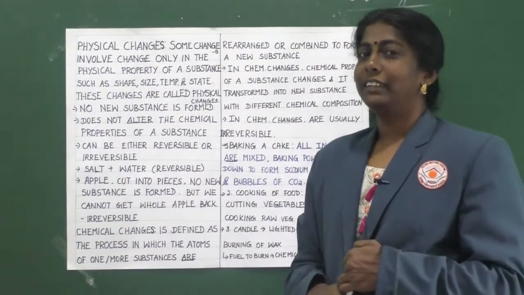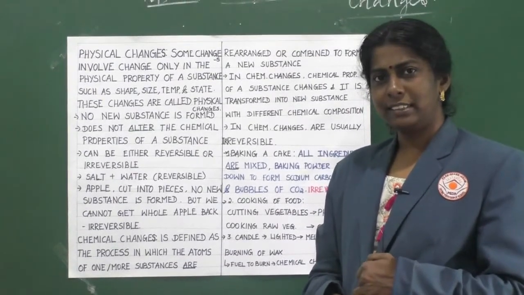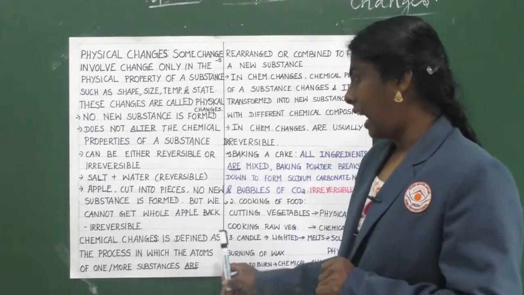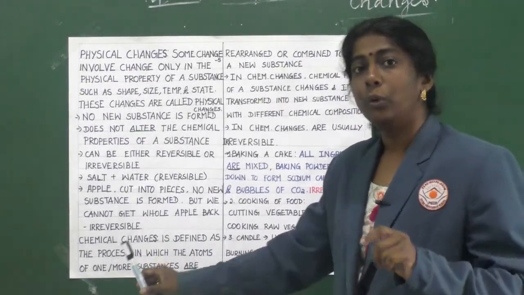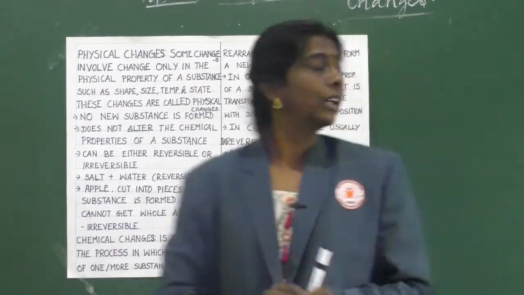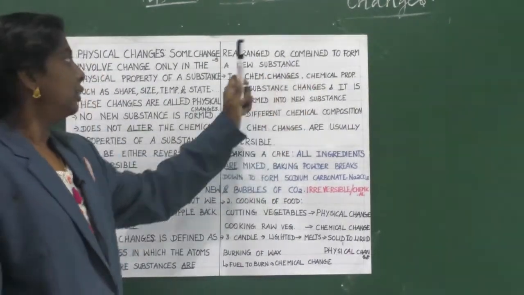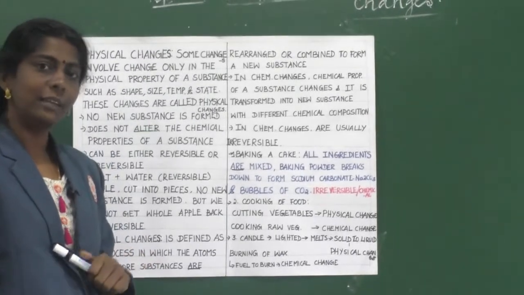Now, about chemical changes. So, what do you mean by chemical changes? Chemical change is defined as the process in which the atoms of one or more substances are rearranged or combined to form a new substance. Clear?